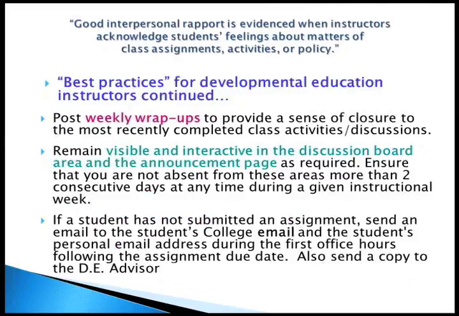Best practices for developmental education instructors continued. Post weekly wrap-ups to provide a sense of closure to the most recently completed class activities or class discussions. Next, remain visible and interactive in the discussion board area and the announcement page as required. Ensure that you're not absent from these areas more than 2 consecutive days at any time during a given instructional week.